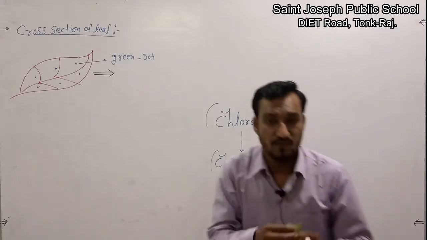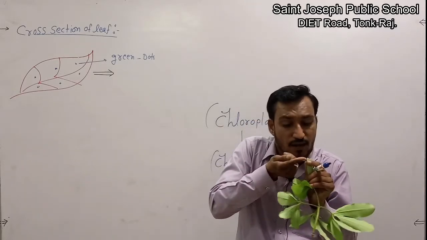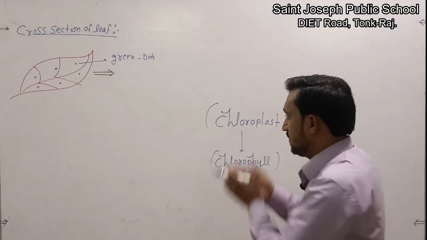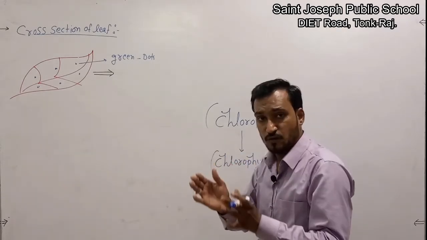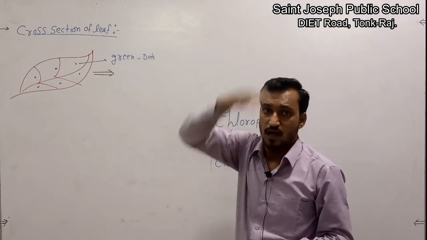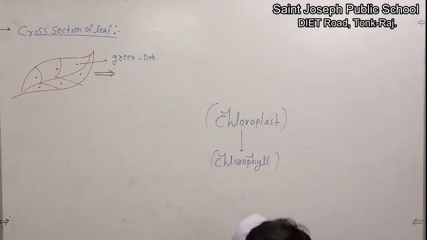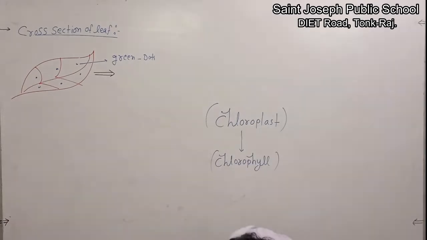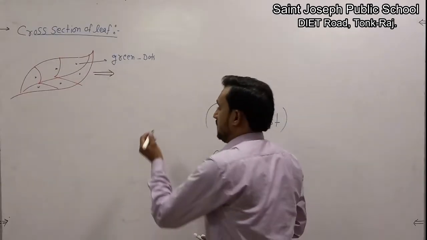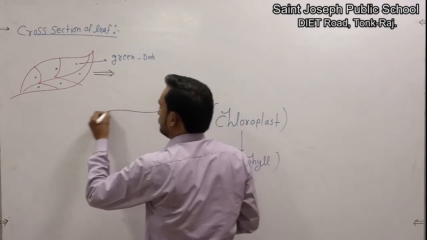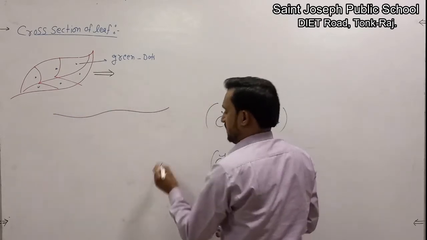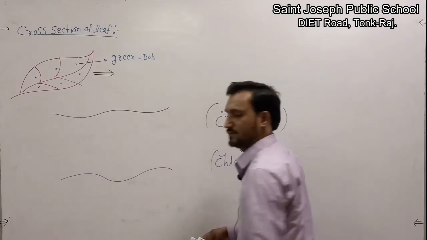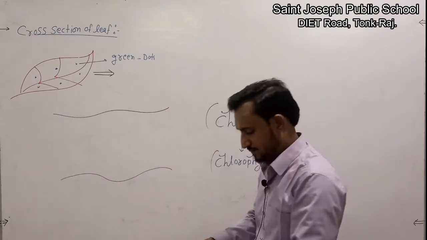After it, we will take a shaving blade and pick a small slice of this leaf. Under a microscope, we will observe two surfaces, upper and lower. Look here, upper surface and lower surface. We will put upper and lower surface in this manner. Be easy.